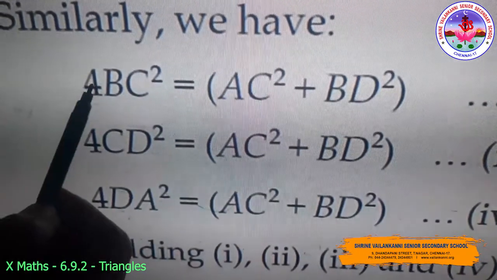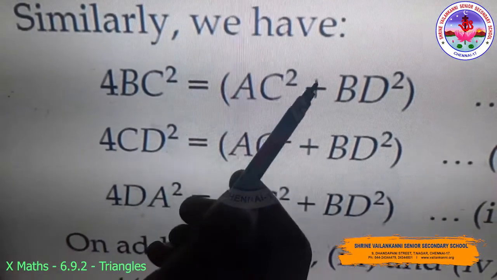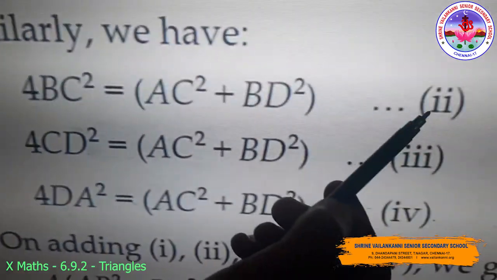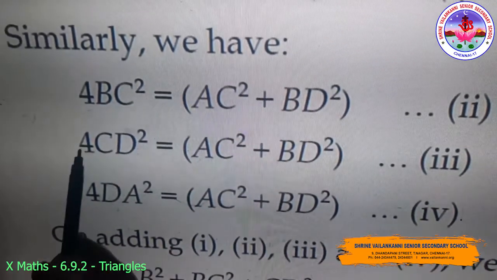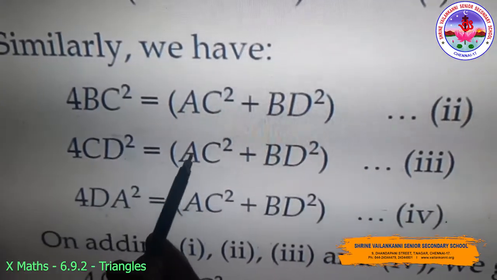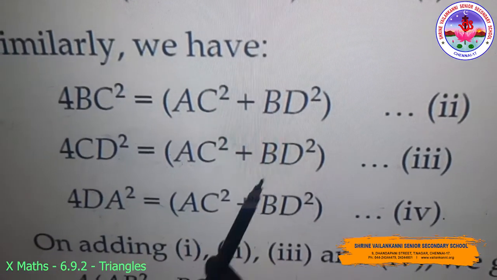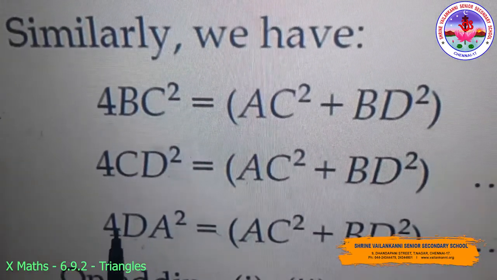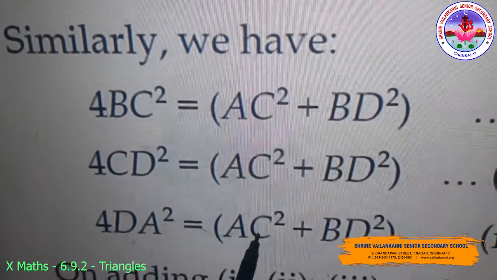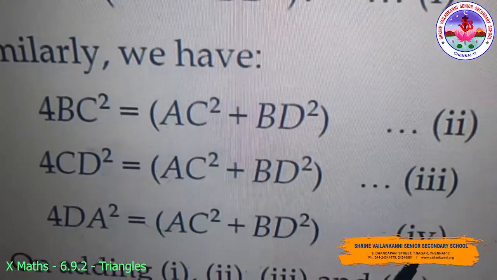Bringing this 4 to the other side, I will get 4 BC square is equal to AC square plus BD square, calling this equation 2. Now for triangle COD, we will get 4 CD square is equal to AC square plus BD square, calling this equation 3. And similarly in triangle DOA, we will get 4 DA square is equal to AC square plus BD square, calling this equation 4.